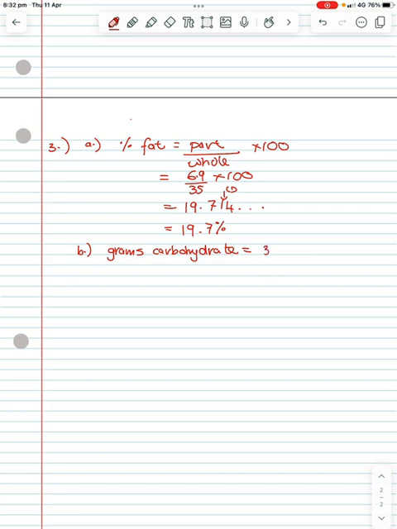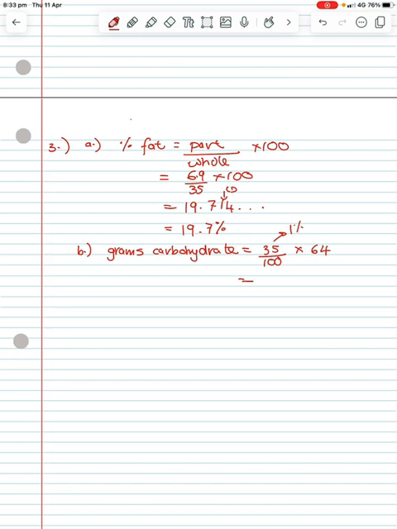So I'm going to take my 35 gram muesli bar and divide it by 100. This will give me 1%. I'm then going to multiply it by my 64%.